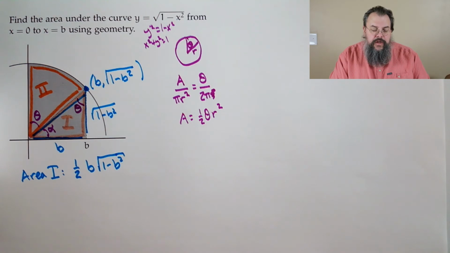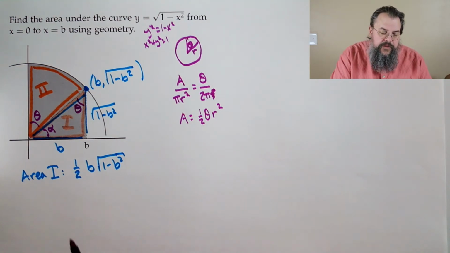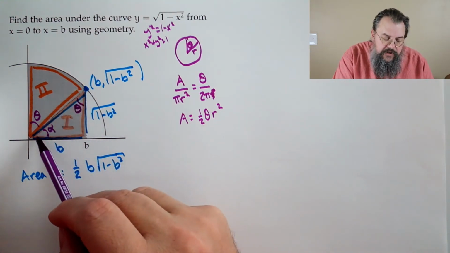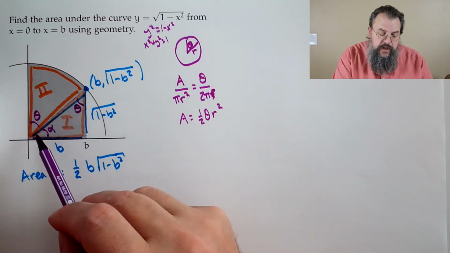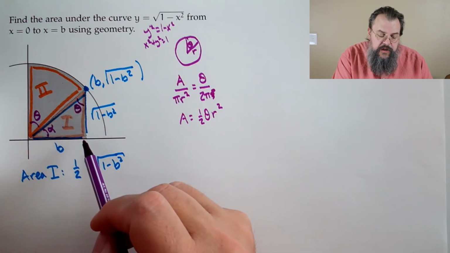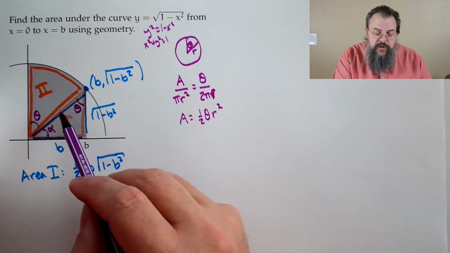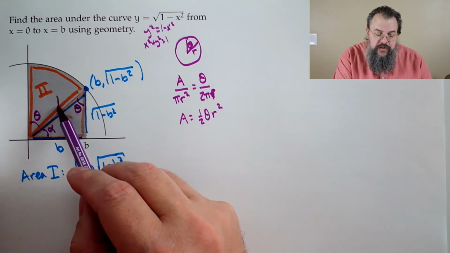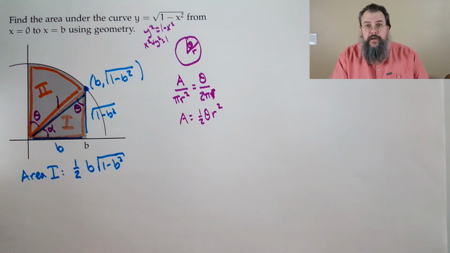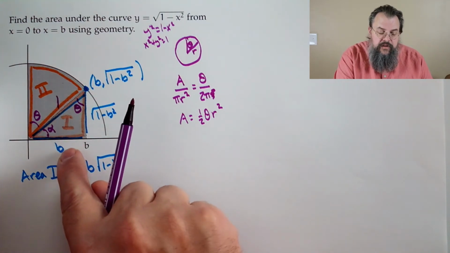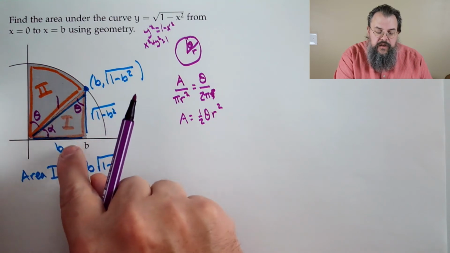Well, what we can do is now we have theta inside a right triangle. And in particular, we know the three sides. B, square root of 1 minus b squared, and the hypotenuse is the radius of the circle, which is 1. Now the easy sides are b and 1.